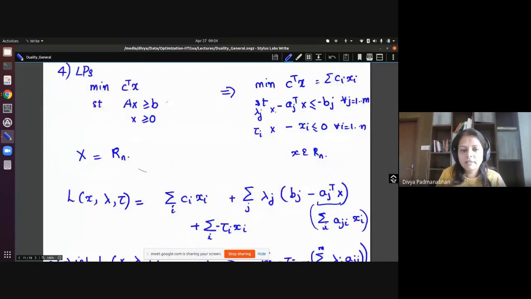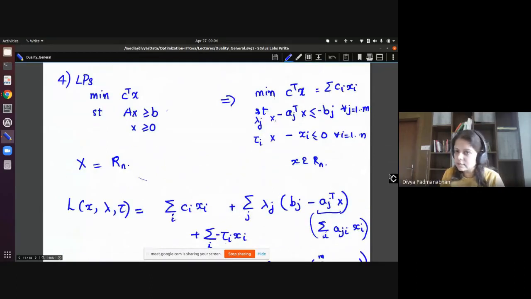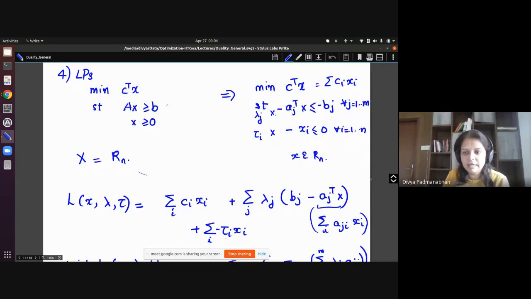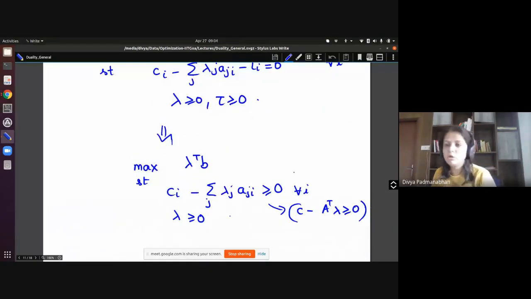Then we also saw LPs. We had learned linear programs in the past, and we saw how to write the dual there. We took a slightly different approach at that point to write the dual, mainly to construct a lower bound. We saw that writing the Lagrangian dual also gives us back the same dual that we wrote earlier. So whatever LP duality you've learned, it actually turns out to be the Lagrangian dual.